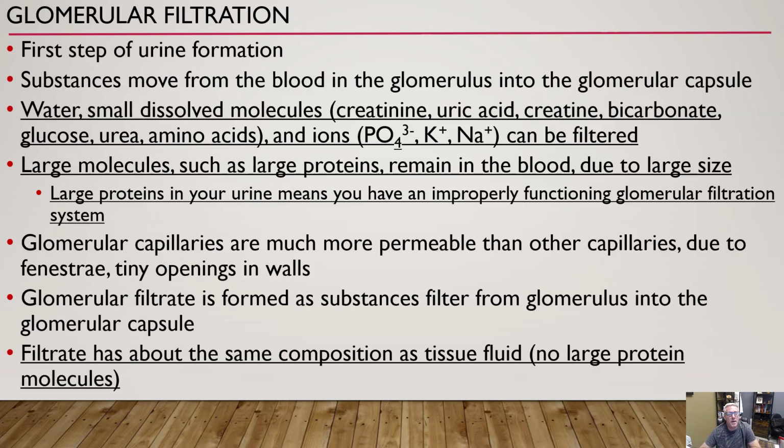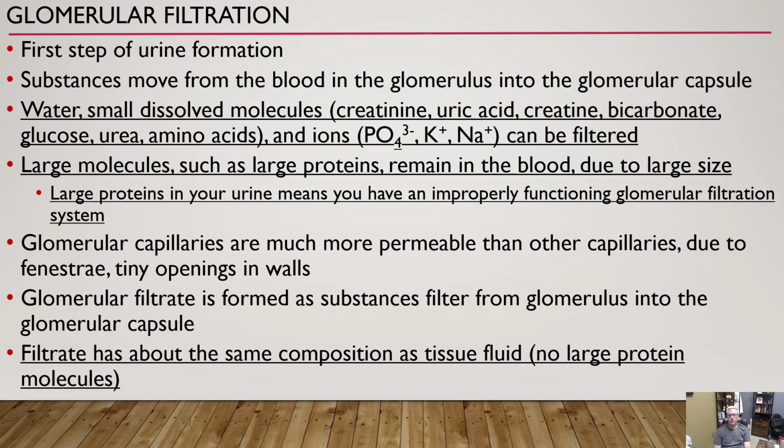All right, so back to glomerular filtration. This is where we have the Bowman's capsule and the glomerular capillaries, that first capillary system. It's that first step of urine formation. We have stuff that moves from those afferent arterioles, from the blood in the glomerulus, into that Bowman space or glomerular capsule.